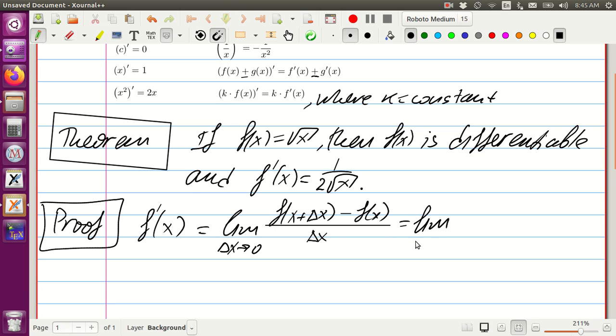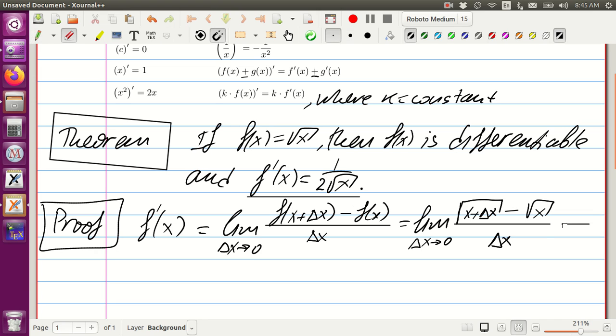Now we take x plus delta x and plug it in for x. This is what we want to show. So we'll have the square root of x plus delta x minus f of x, and f of x is square root of x, and we divide by delta x.